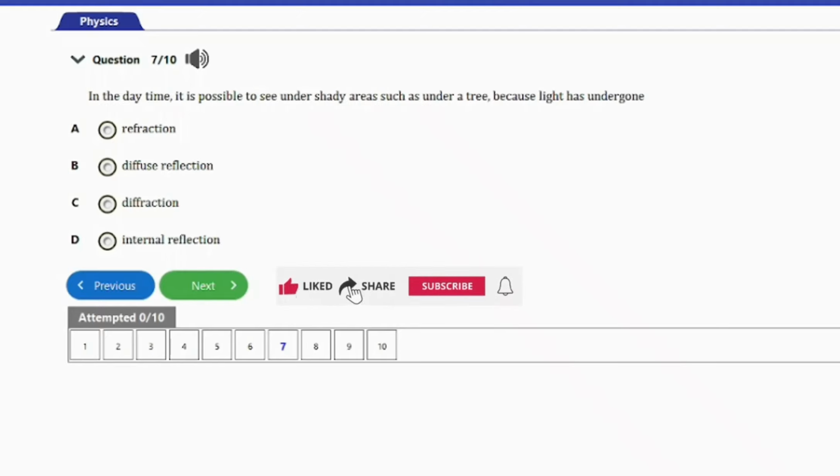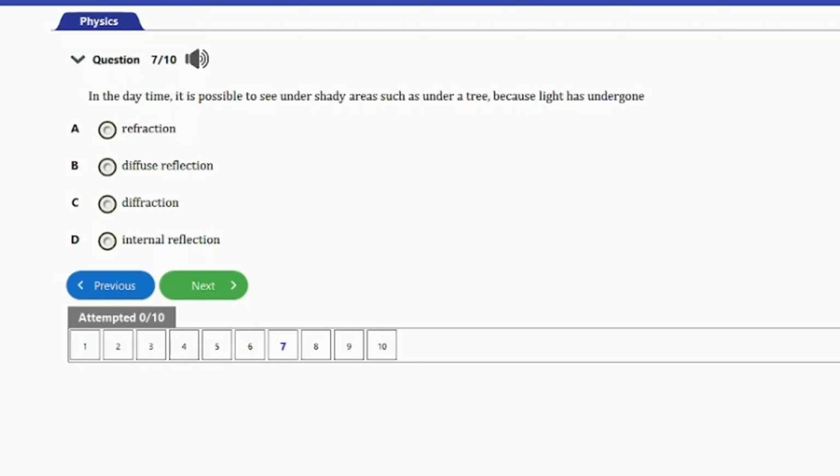So guys, the next question here is question number 7. It says, in the daytime, it is possible to see under shady areas, such as under a tree, because light has undergone A. refraction, B. diffuse reflection, C. diffraction, and D. internal reflection.